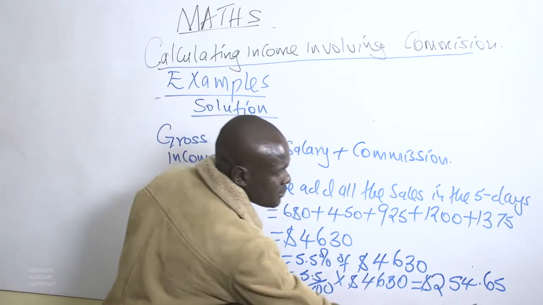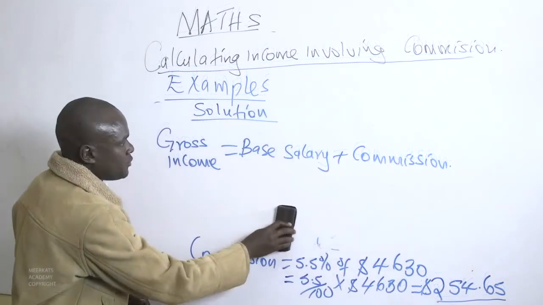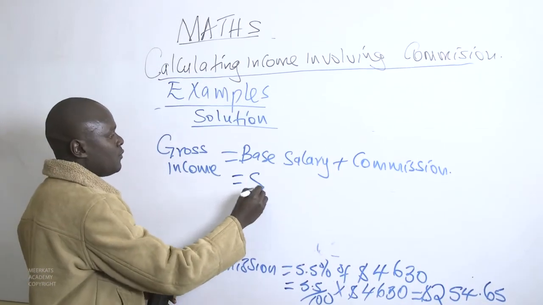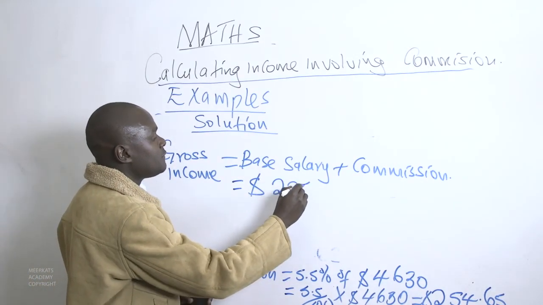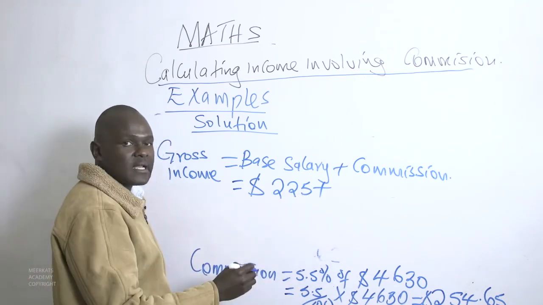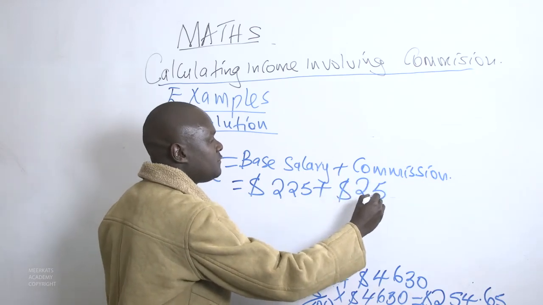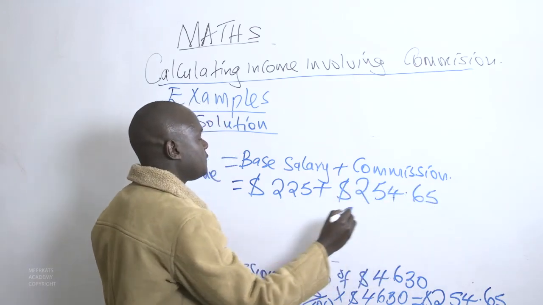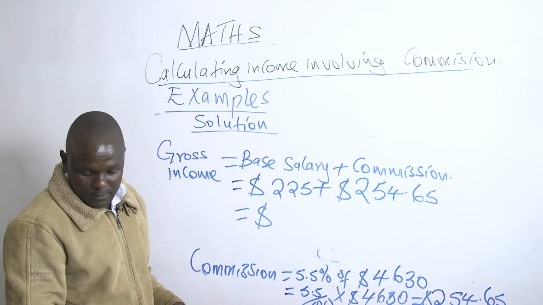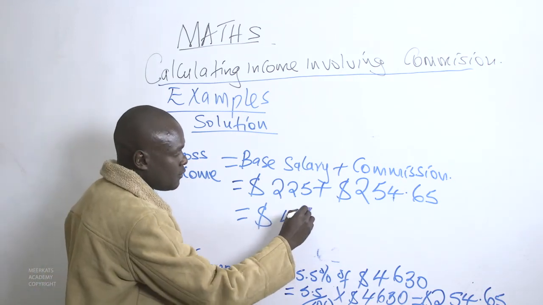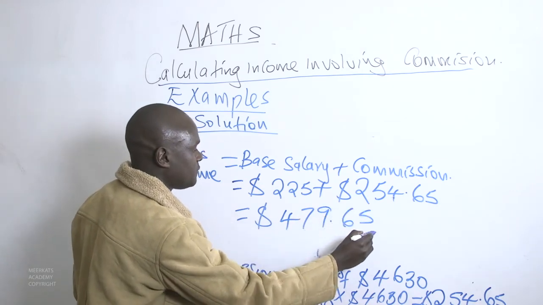So we are going to use this as our commission, and we have our base payment or base salary. So this gross income will be the sum of the base salary, which is $225, plus the commission that we have just calculated from the total sales, which is $254.65, and this will give us a gross income of $479.65.